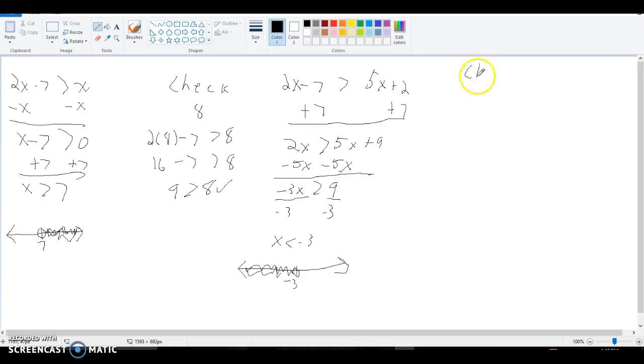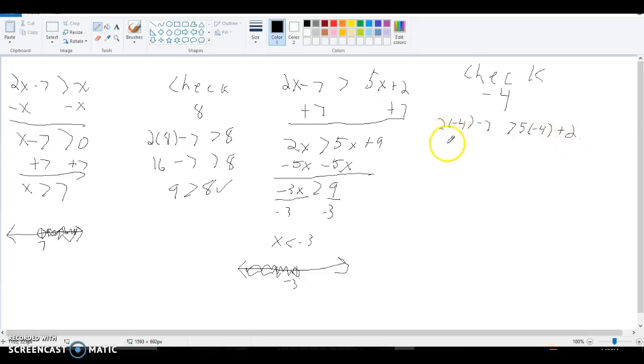So let's check this. We're going to check it with negative 4. So 2 times negative 4 minus 7 is greater than 5 times negative 4 plus 2.